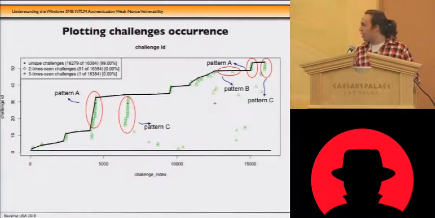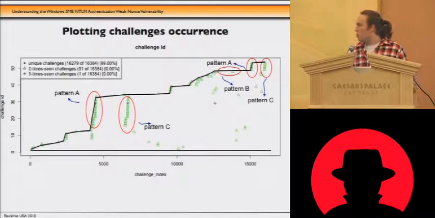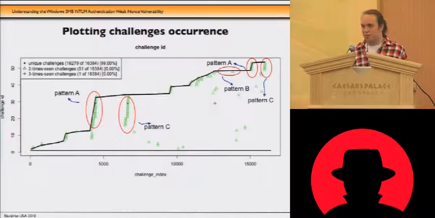And we can also see a pattern C, which is found below the curve of IDs, which mimics pattern A, and that means that within a short time frame, a lot of duplicate challenges were issued in the same way as pattern A. So for us, this is enough information to carry out some attacks.